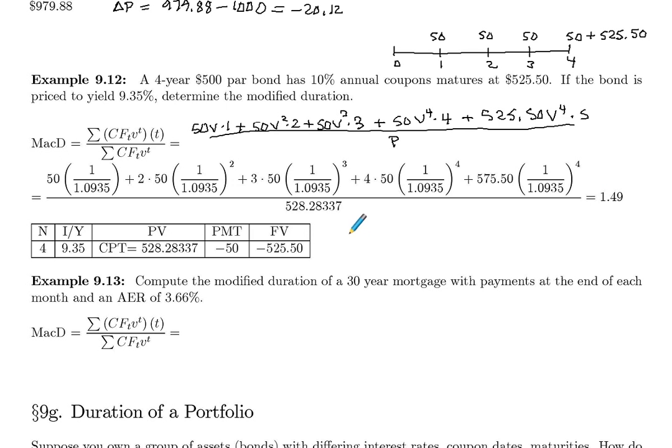And modified duration, mod D, is equal to v times MacD. So that is going to be 1 over 1.0935, our discount factor, and then times the 1.49. And to 2 decimal places, this is 1.36.